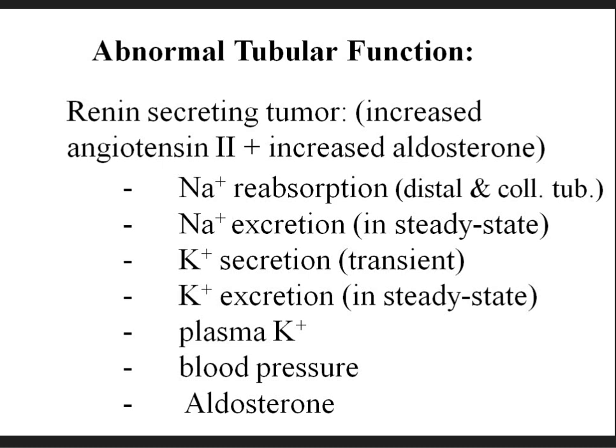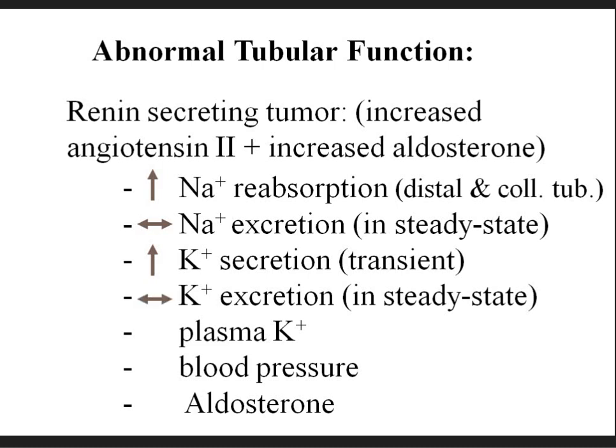We all know very well what happens when the renin, angiotensin, aldosterone system gets activated. You can think yourself what happens to sodium reabsorption. It increases. So what happens to sodium excretion? It almost remains, it tries to balance and stay controlled.